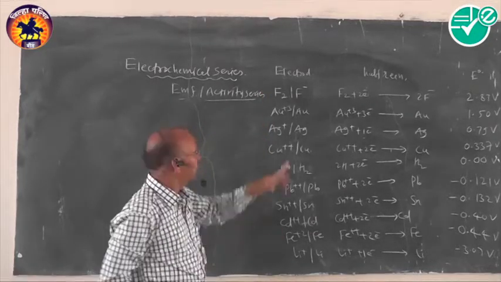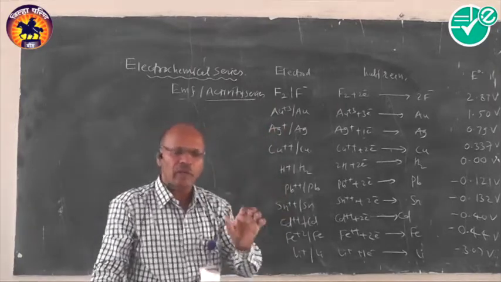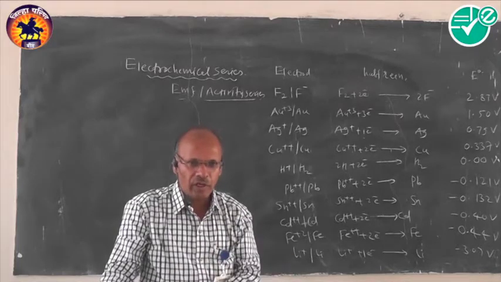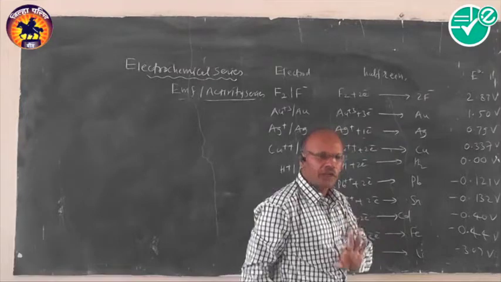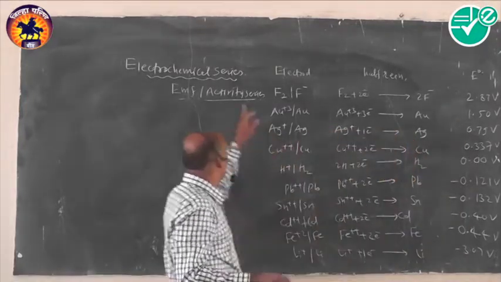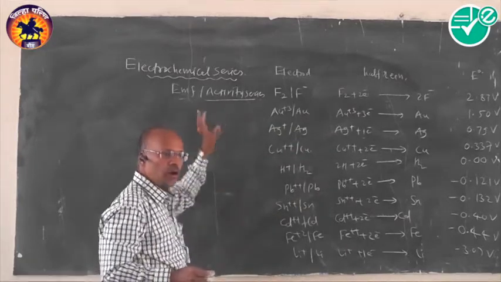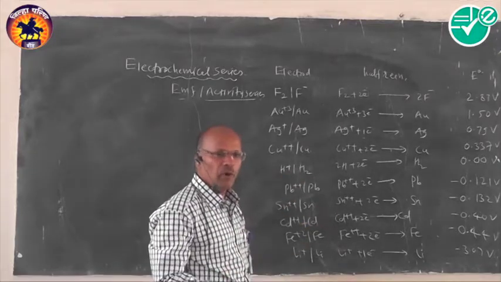Non-metallic, metallics are there. So these are the arrangement of the elements, series of elements, metallic, non-metallic, with their half cell reaction in their decreasing order of standard potential, we generally call electrochemical series. The same series is generally known as the activity series or electromotive force series. It is a definition. Definition is for the 1 mark.